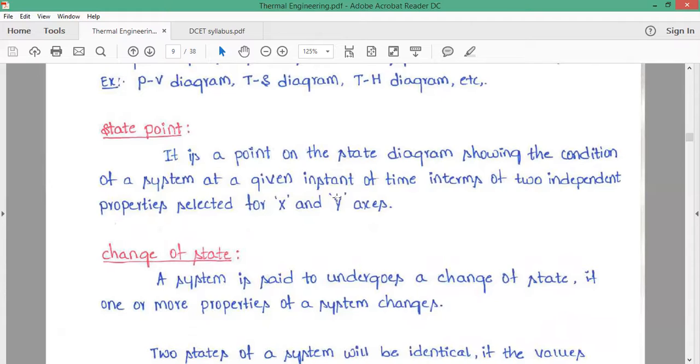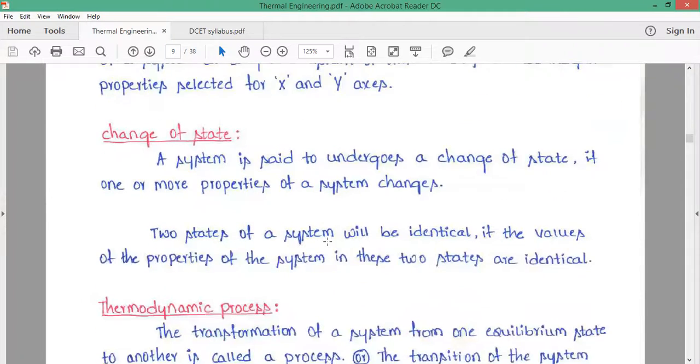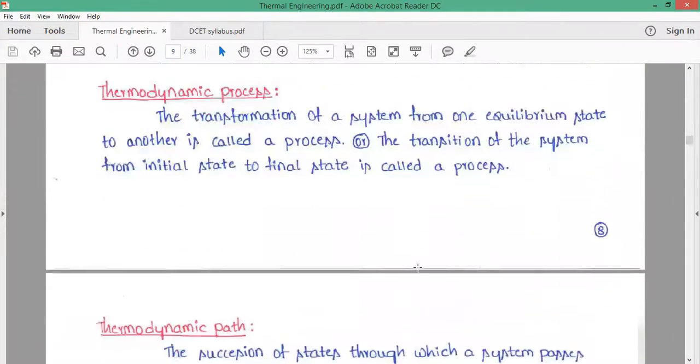A change in state. A system is said to undergo a change in state if any of the thermodynamic properties changes. If the pressure changes from 1 bar to 2 bar, then we can say the system underwent a change of state. This change of state is nothing but the process, right? If the system changes its state from initial state to final state, then we say the system underwent a thermodynamic process.